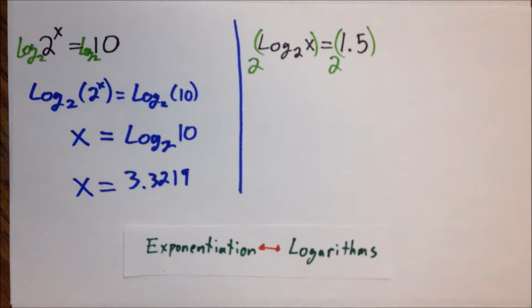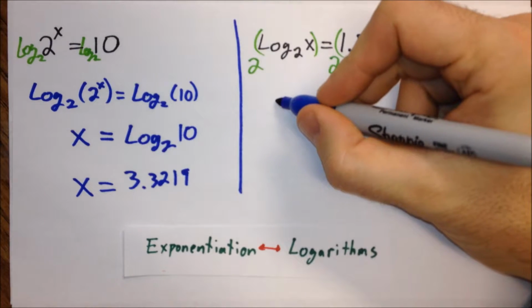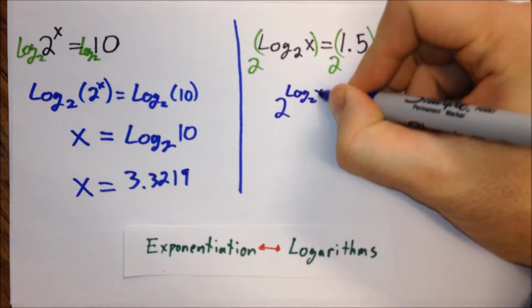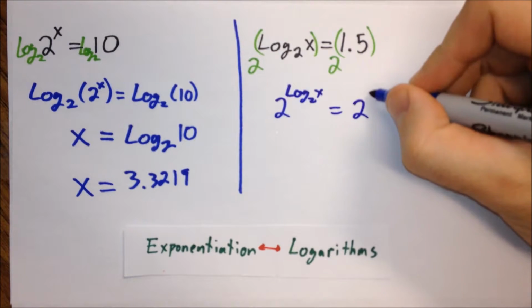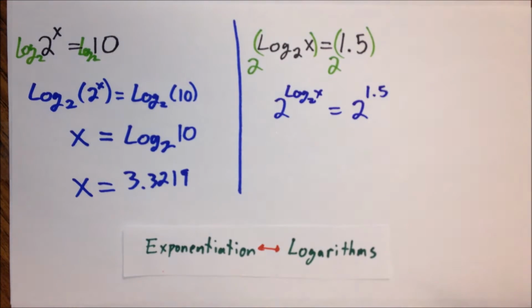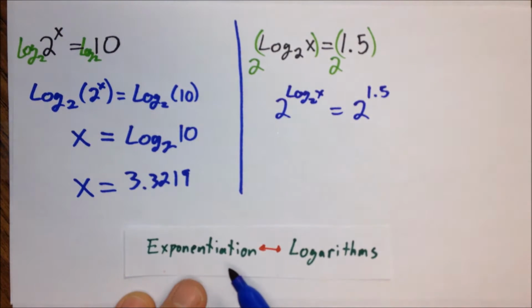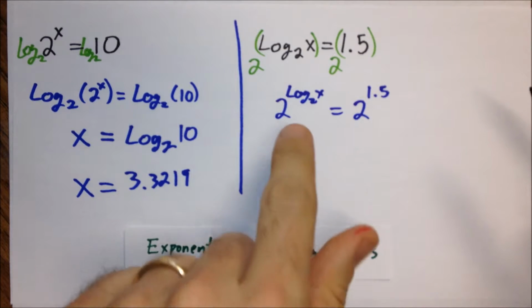Let me rewrite this so it looks a little nicer. On one side we have 2 to the log base 2 of x, and on the other side we have 2 to the 1.5. Why do we do this? We chose exponentiation simply because it's the inverse operation of logarithms. They undo each other.